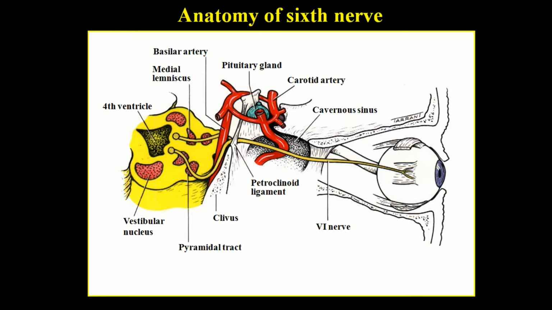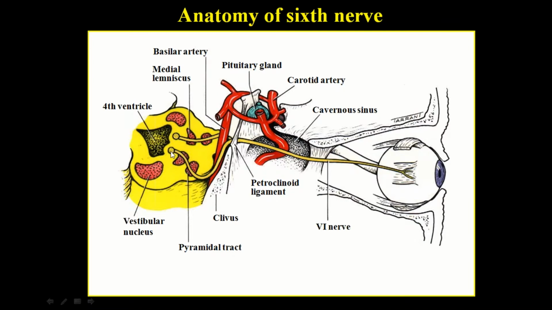From there, the sixth nerve takes the path along the pyramidal tracts and the basilar artery, and from there it enters the Dorello's canal, and then into the cavernous sinus, where it has a relationship with the internal carotid artery, and it enters the superior orbital fissure and supplies the lateral rectus.